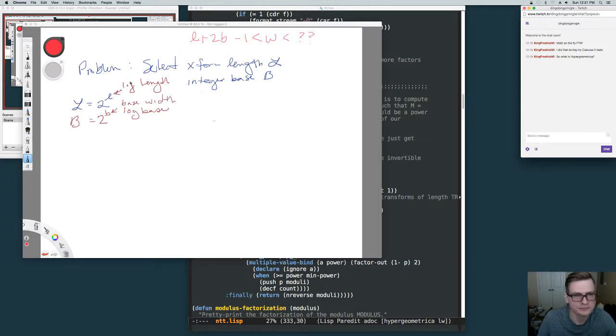So, let's see. Maybe I shouldn't try to bound my word length. I mean, my word length is already given. So actually, I'm kind of going down a rabbit hole here. Let's go back down and write this out.